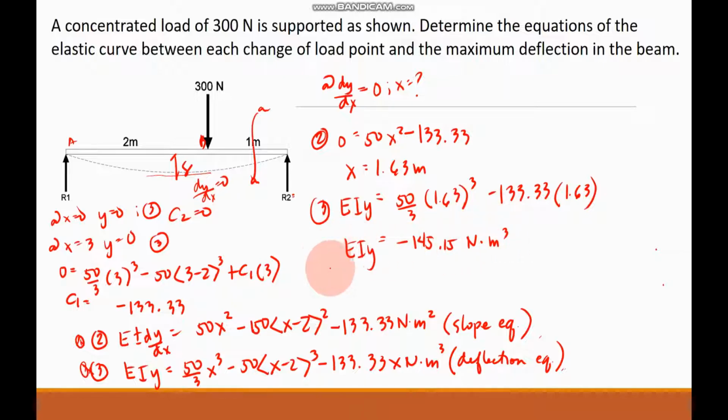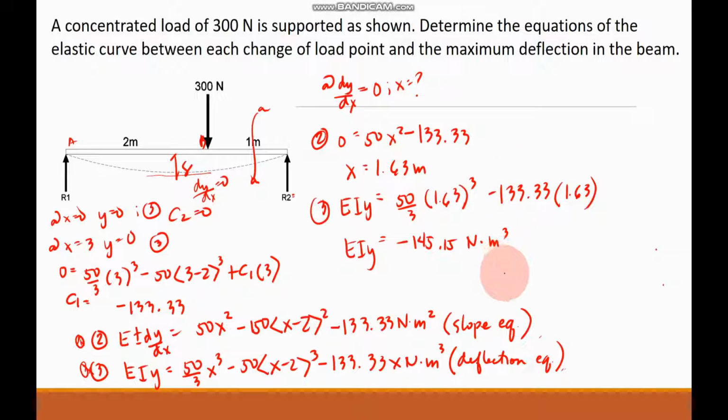So, kung may value yung ating EI or yung flexural rigidity natin, madedetermine talaga natin yung exact amount ng ating Y. So, kung makapansin nyo, yung ating unit is in Newton dot meter cube kasi nga wala tayong value ng EI. So, kung sinabi sa problem or kung ni-specify sa problem yung value ng ating E tsaka I, makakuha tayo ng deflection or deflection ng unit is naka-meter.